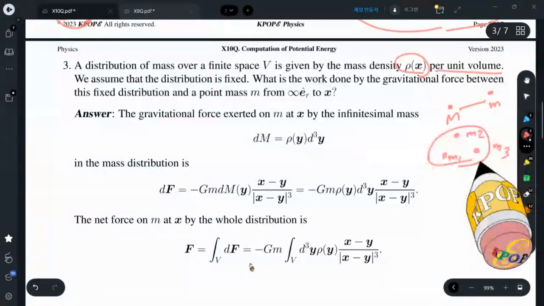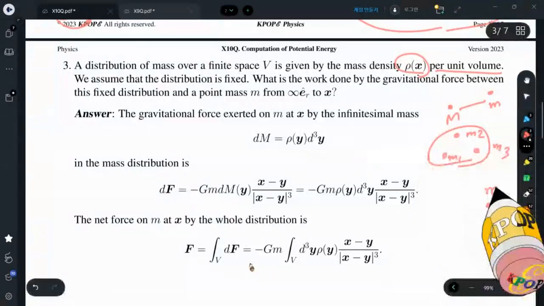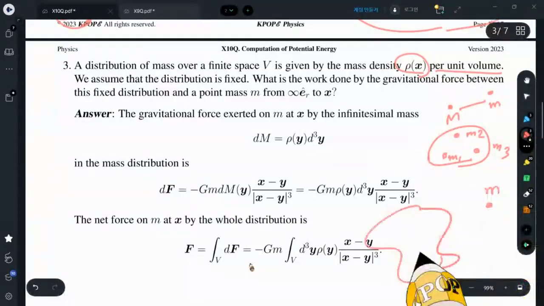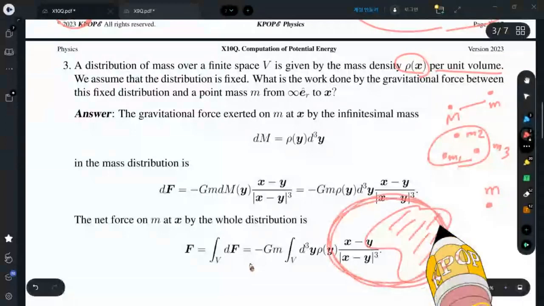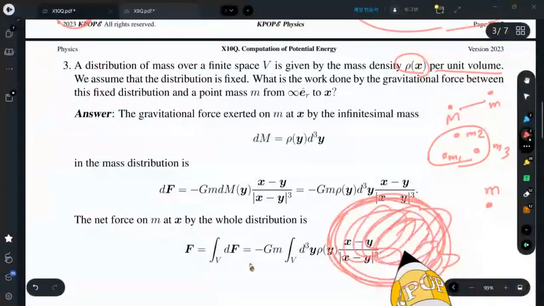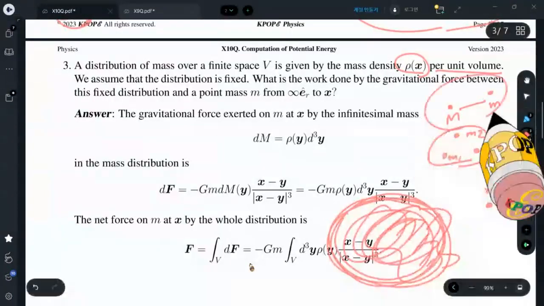In that case, I have a single point mass, and then a collection of mass is a larger mass. And I can even extend this one. This is just like a sun, a very large object. In that case, I can make use of the previous result.